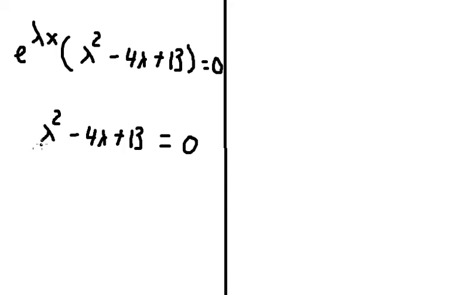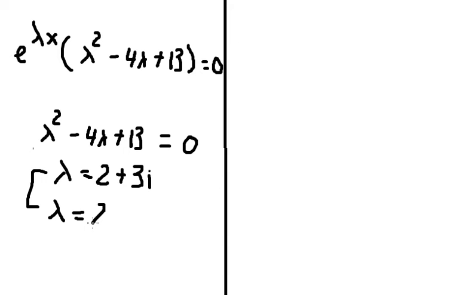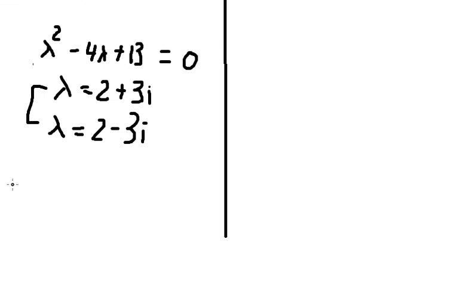If we find the solution for lambda, we have lambda equals 2 plus 3i, and lambda equals 2 minus 3i. So we have yc equals c1 e to the power of lambda s.